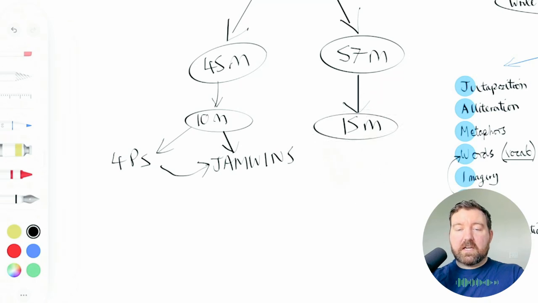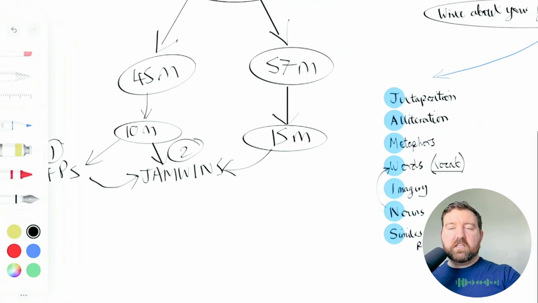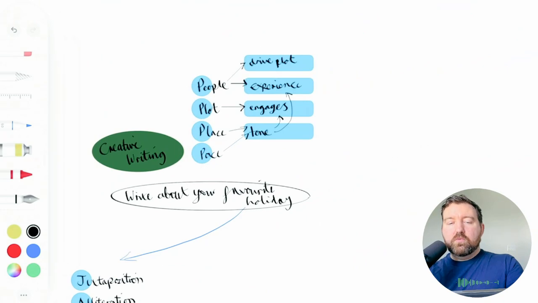Okay, so exactly the same. You're doing jam wins, you're doing the 4 Ps. Number 1 is the 4 Ps, and then number 2 is the jam wins. To understand in a concrete way how that looks, I should actually go back to the PP. In a normal creative writing story, you're probably looking at about 3 to 4 main paragraphs.